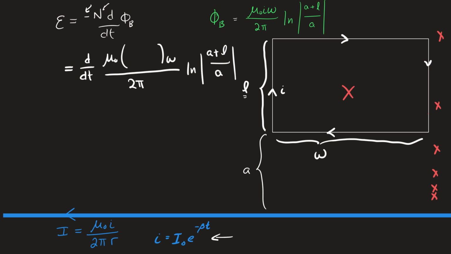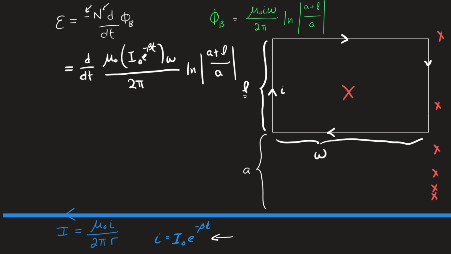Now, my expression for the current starts with some current I naught and is a decaying exponential. So, first thing I want to look at is recognize that the only thing that matters here is anything that changes with respect to time. So that's just this. It's the only thing that changes with respect to time. Everything else is a constant.